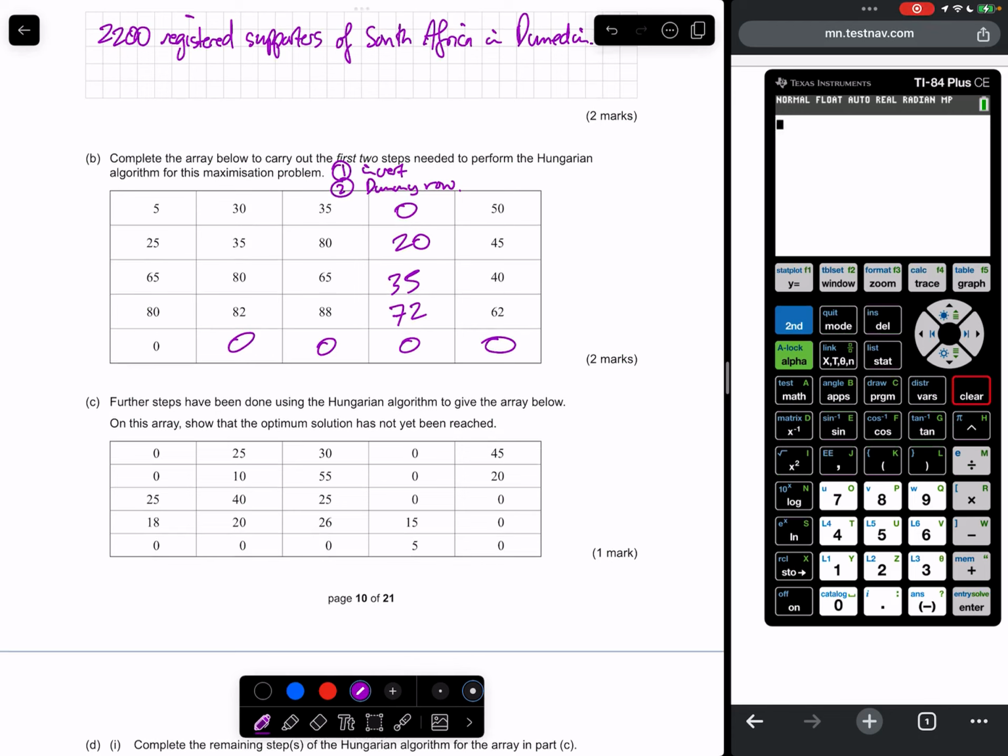The most I can cover is 4 lines, 5 rows, optimum solution not reached yet.